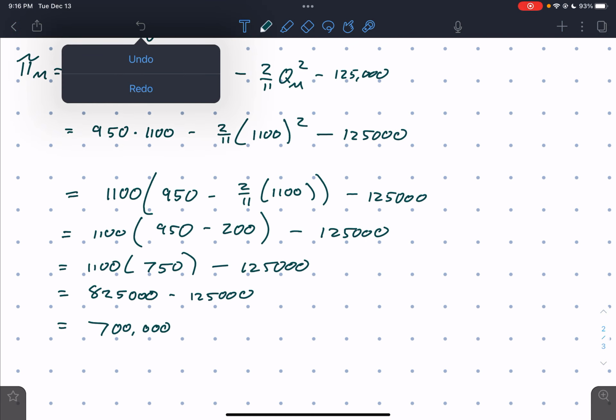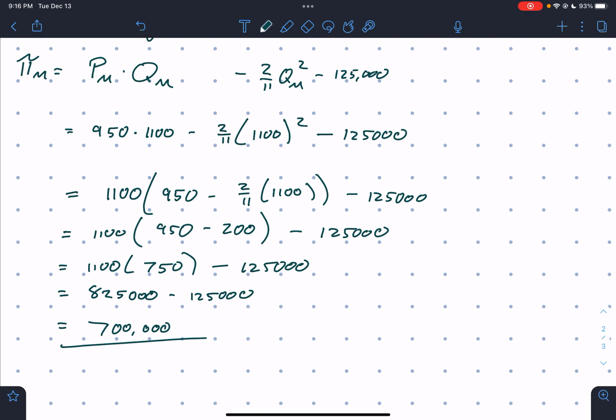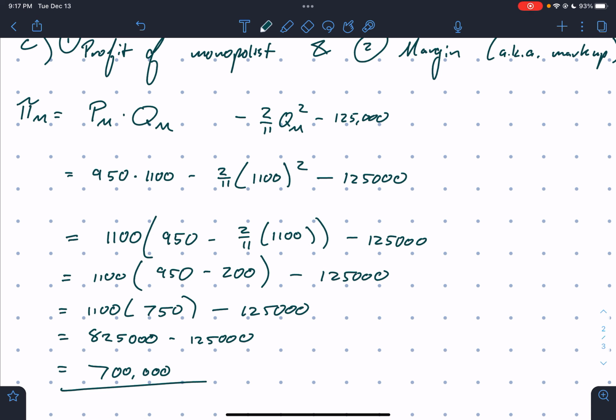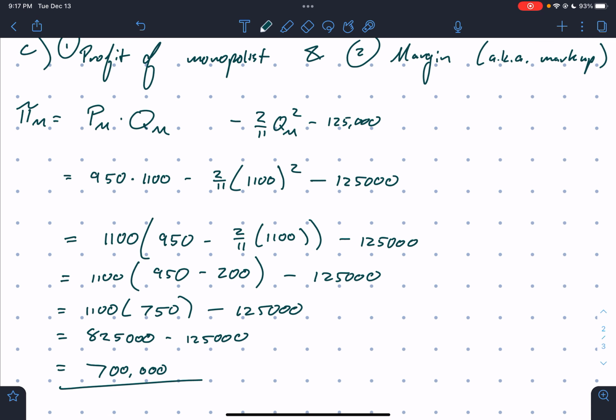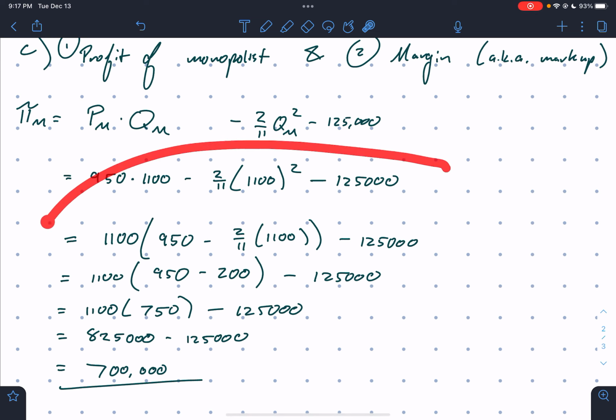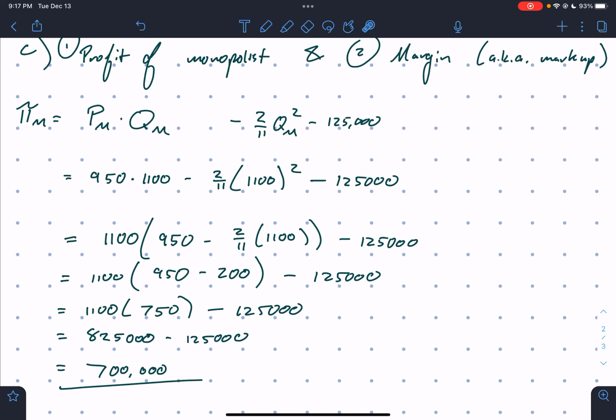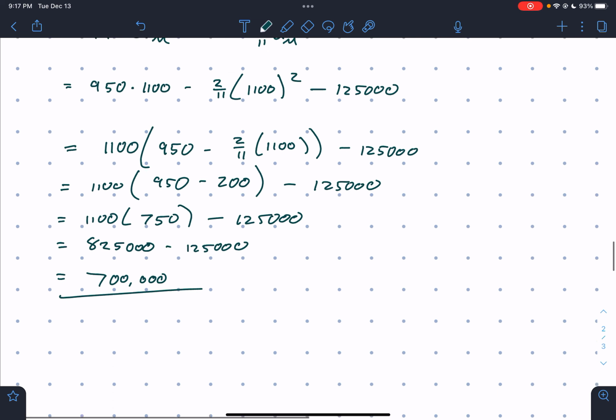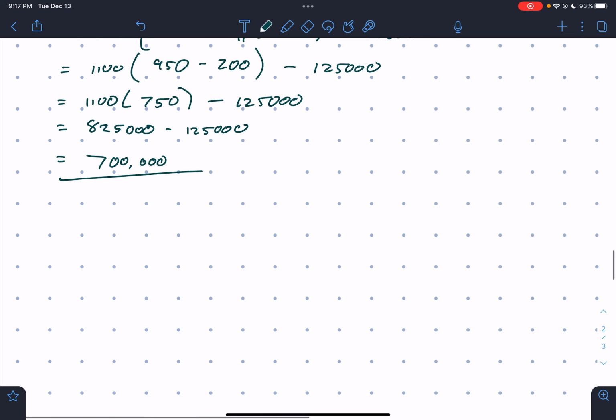Kind of annoying computation-wise, but it's just some algebra, just multiplying some numbers together. We just take the things that we computed in the previous problem, plug them into this profit function, and then plug and chug and compute all those things. All right, now we want to find the markup or margins.